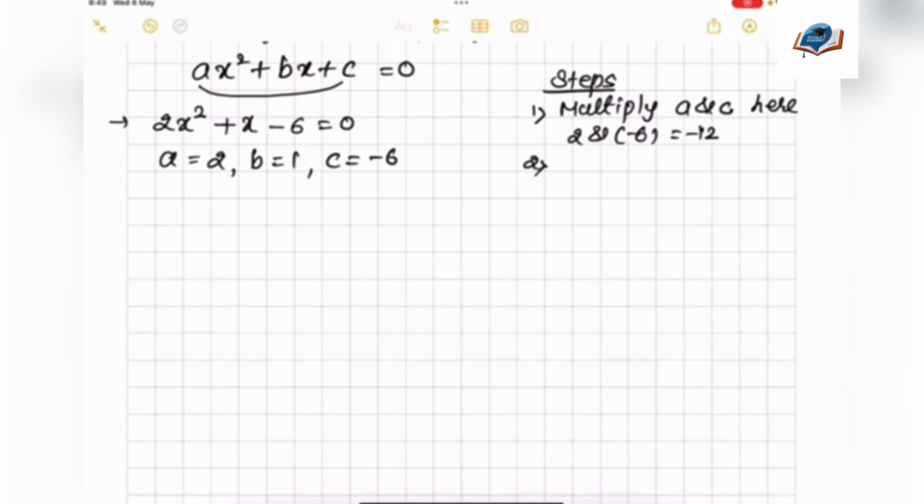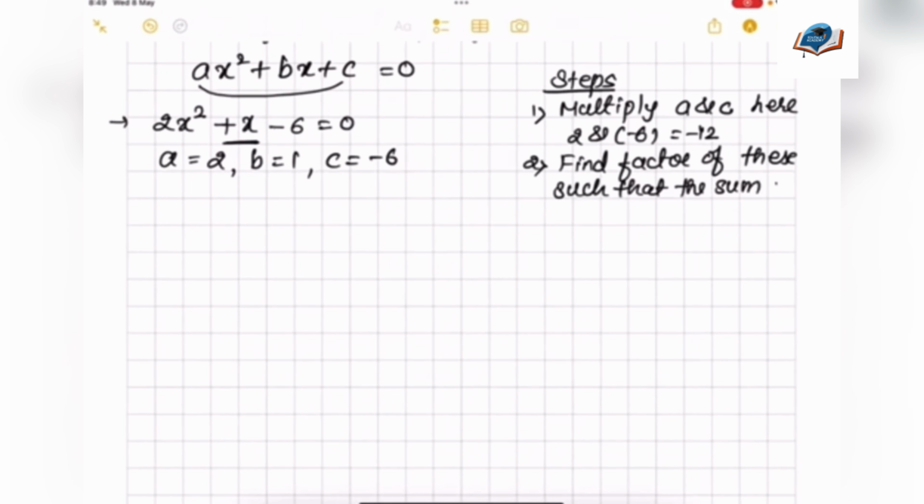So find factors of these such that the sum is b. Here if I see carefully, the factors of minus 12 will be 4 and 3. So if I take 4 as plus 4 and 3 as minus 3, I will get plus 1.